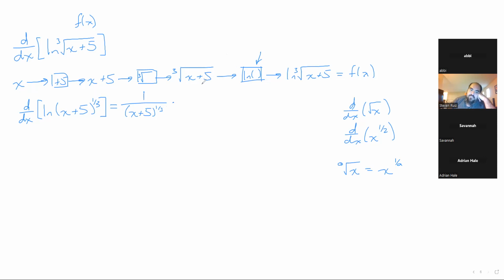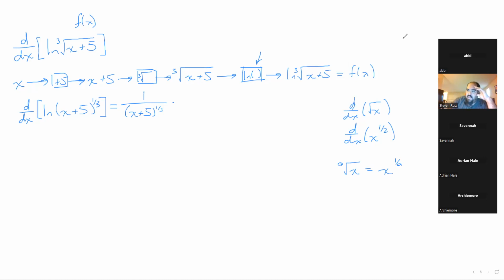Basically, I have to keep following the chain rule from the end all the way back to the beginning. So the derivative of natural log is 1 over whatever the function that led into that is.